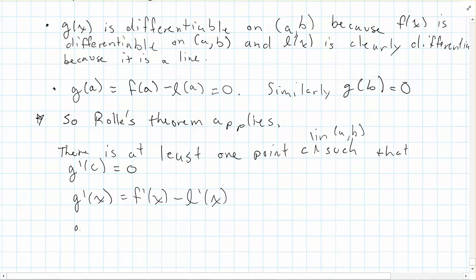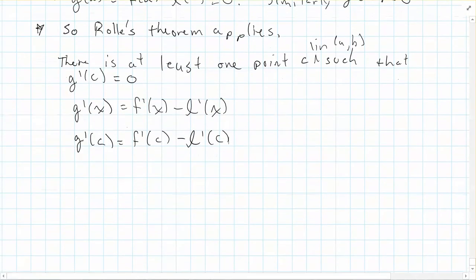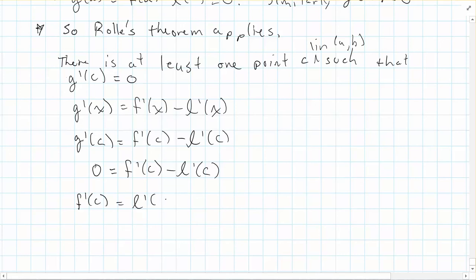So we get g'(c) equal to f'(c) minus L'(c). So we get 0 equal to f'(c) minus L'(c). But then we get f'(c) is equal to L'(c).